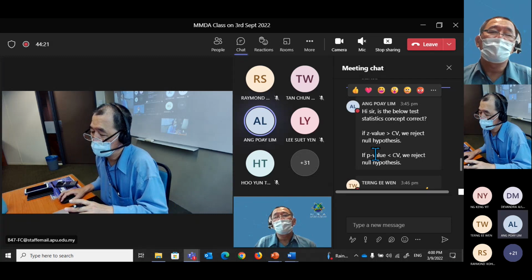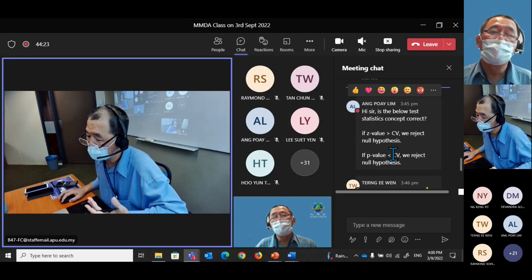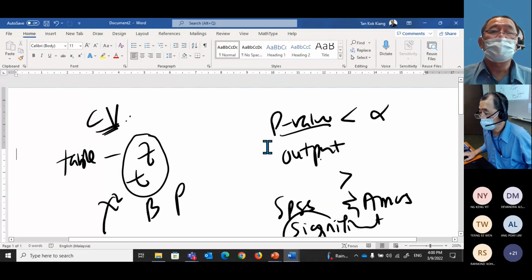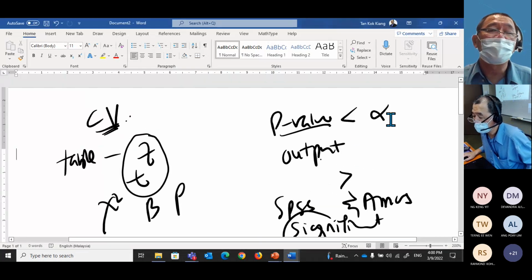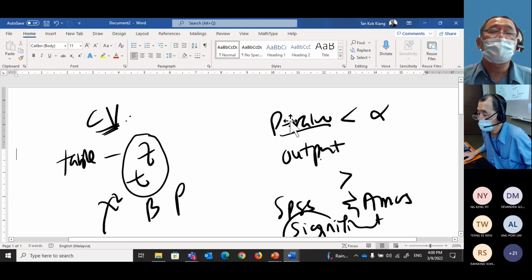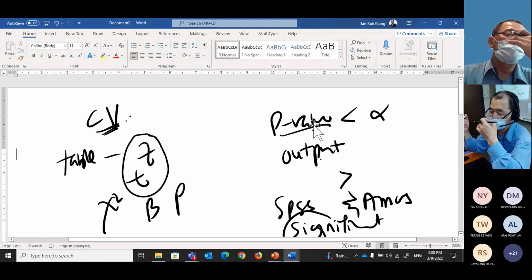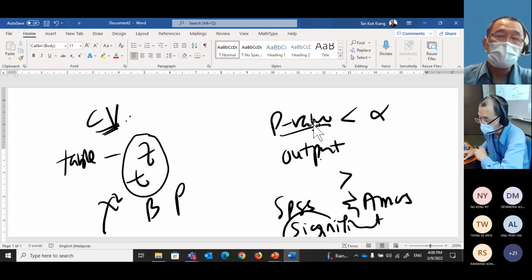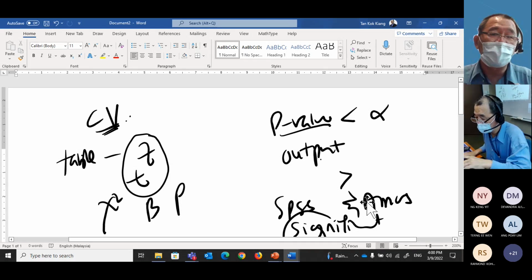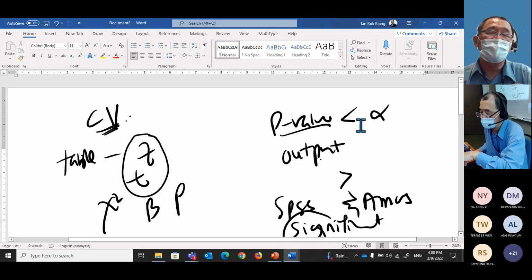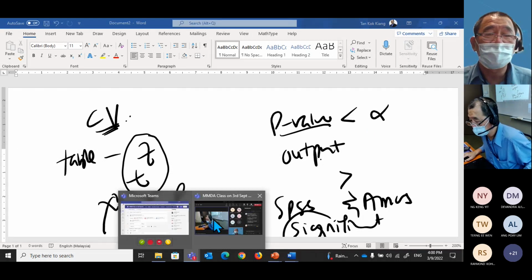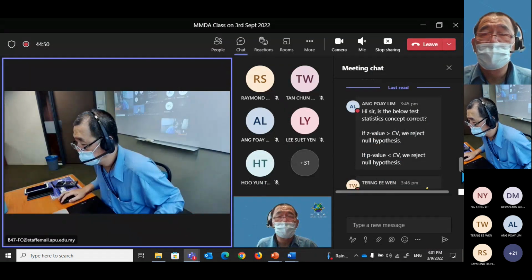You should compare with alpha, the significance level. If you use the P value, you must compare with alpha. P value smaller than alpha, we reject the null hypothesis. So be careful.